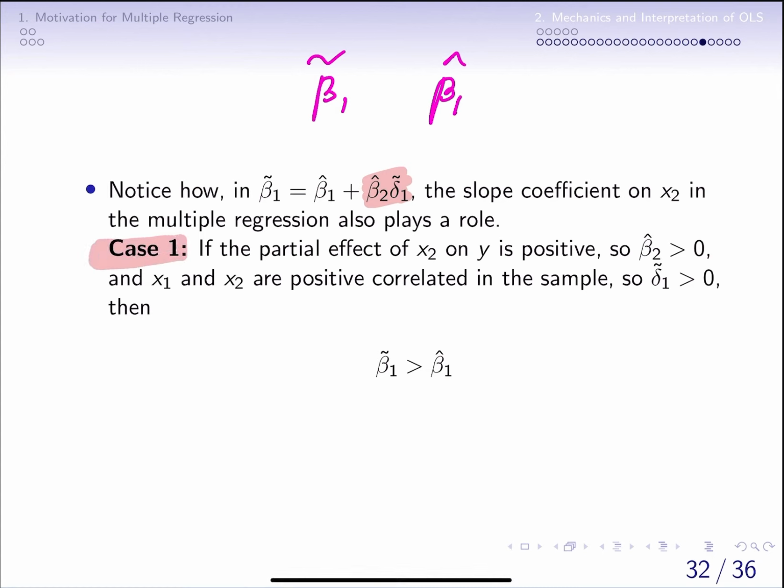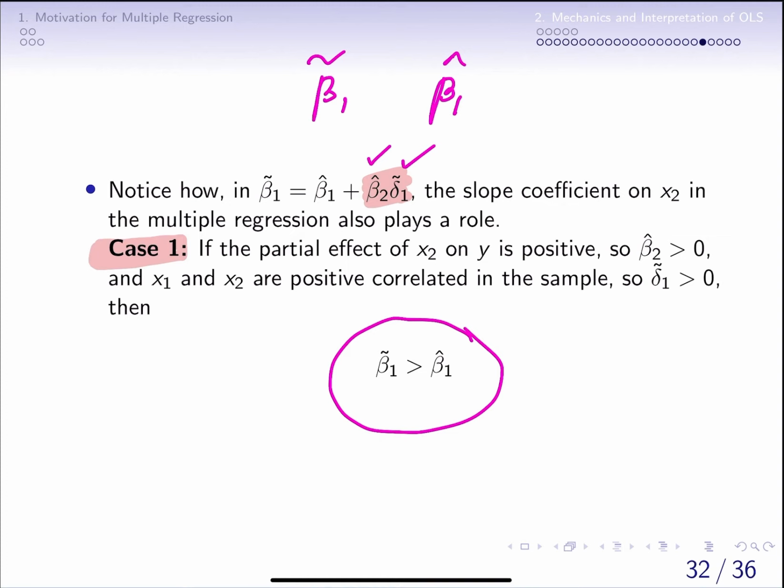The first case says that if both beta 2 hat and delta 1 hat are positive, then it is going to be true that beta 1 tilde is going to be greater than beta 1 hat.